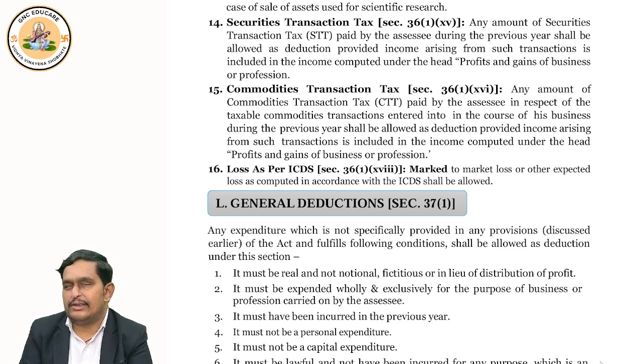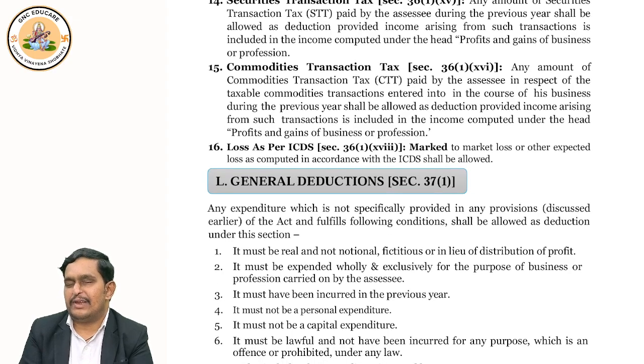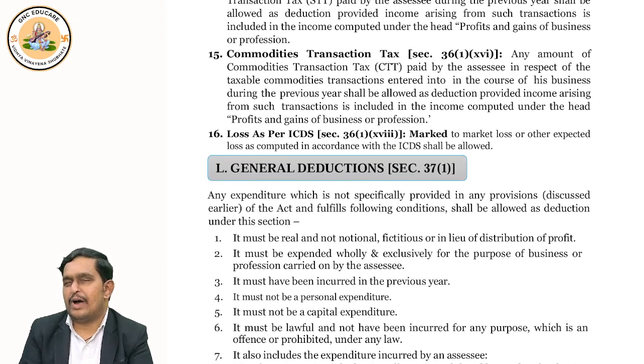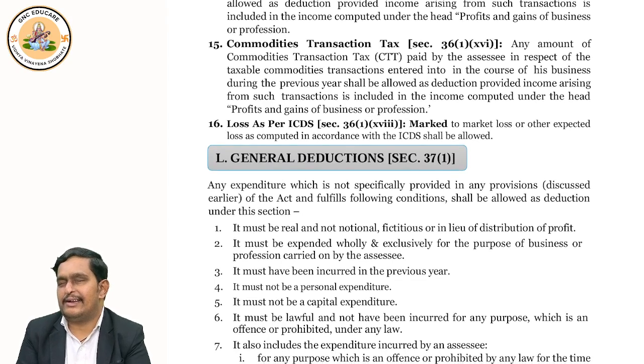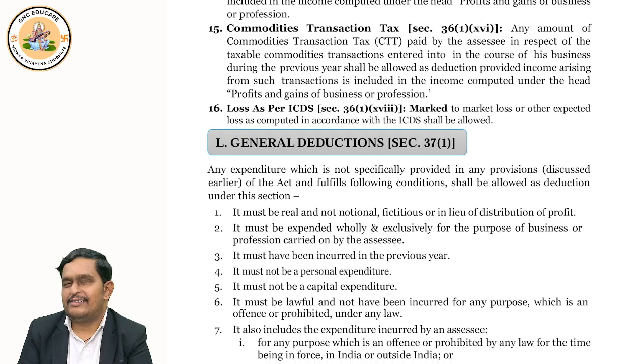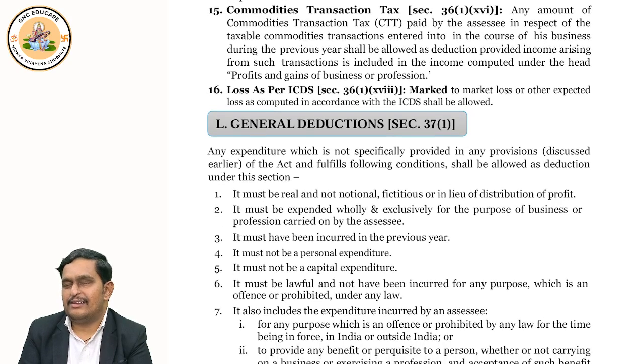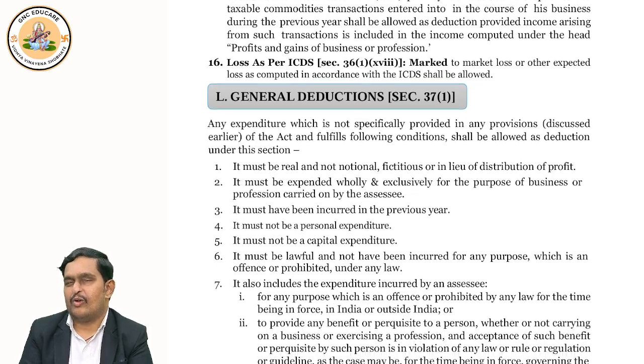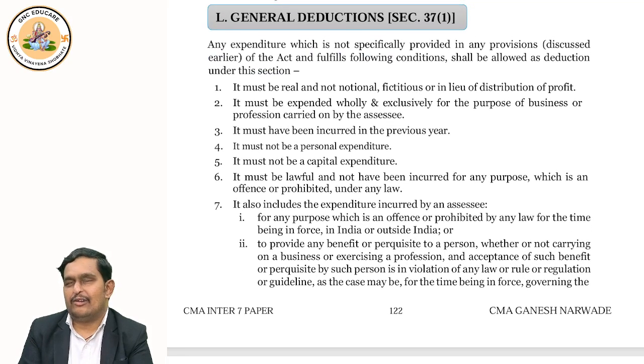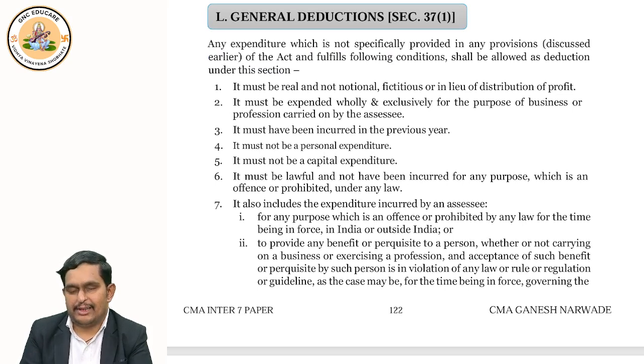They are allowed, they said. Right? From your exams, you can ignore this. But still, if a fill in the blank comes, whether mark to market losses as per ICDS 1 are allowed as deduction, you will say yes as the answer. That's it. Okay? Right. Now let's come to section 37.